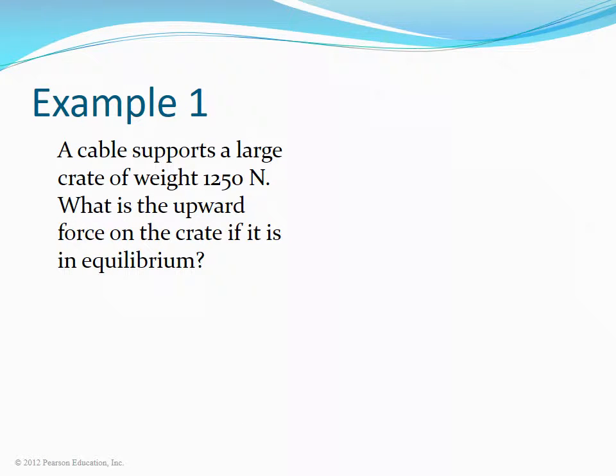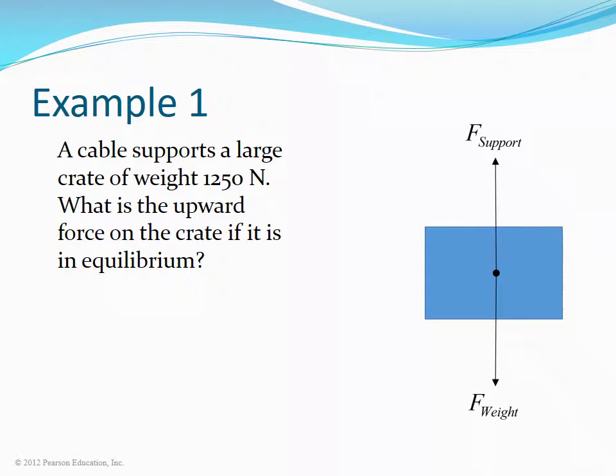A cable supports a large crate of weight 1,250 newtons. What is the upward force on the crate if it is in equilibrium? We first draw a picture and label the forces. The weight pulls down and we label this force as F sub weight. The cable pulls up and we label this force F sub support.